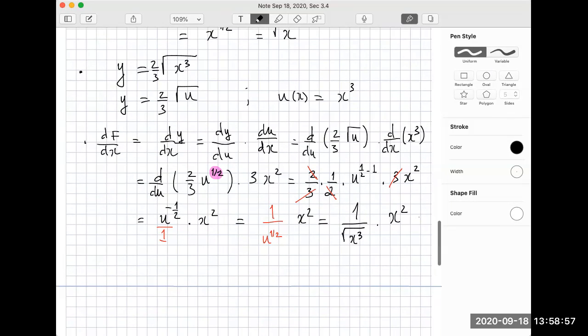Now let us simplify it. How can we do it? Imagine x squared is x squared divided by 1, right? Therefore, the product of two fractions is the same as x squared divided by square root of x cubed. There are many ways to write it, okay? How can we simplify it?